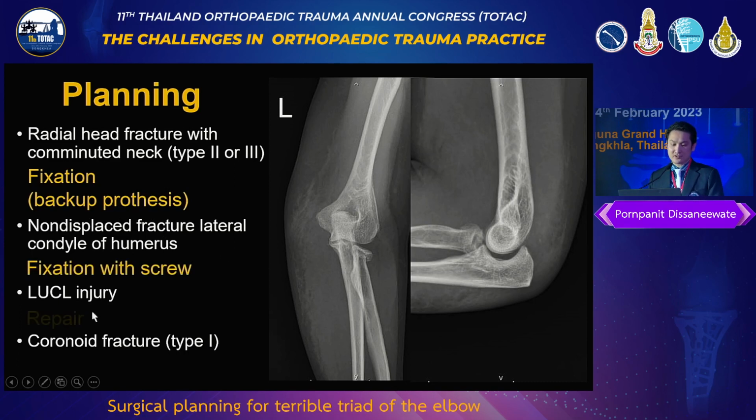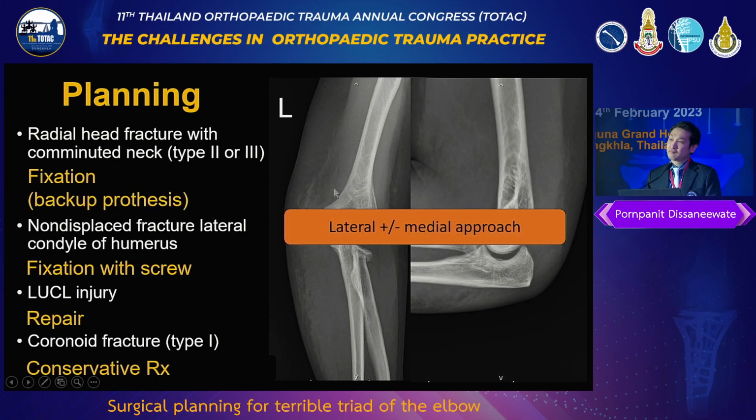And the LUCL injury should be repaired. And for the coronoid fracture, you may repair it or not. It maybe can be treated conservatively or with fixation. So for this patient, we have to go to the lateral side, and maybe sometimes we may go to the medial side.